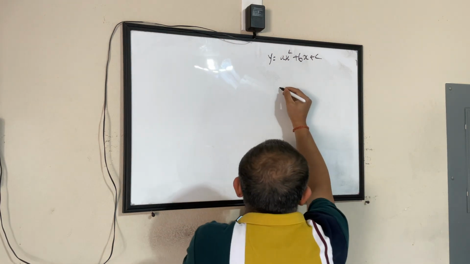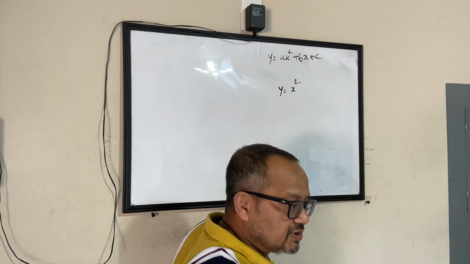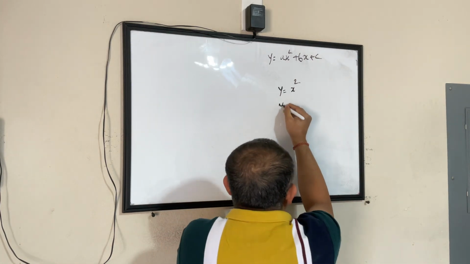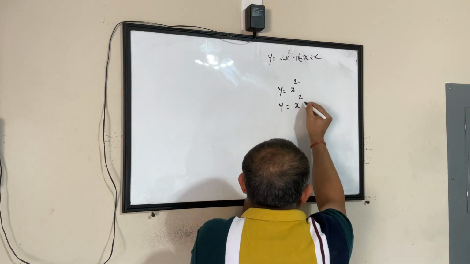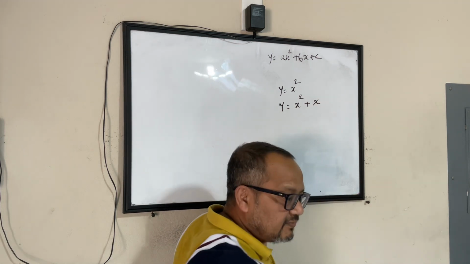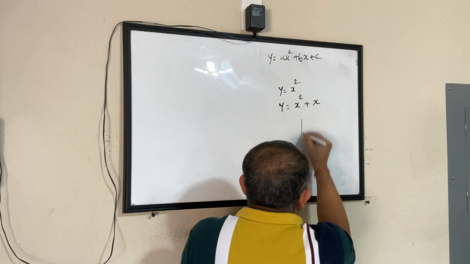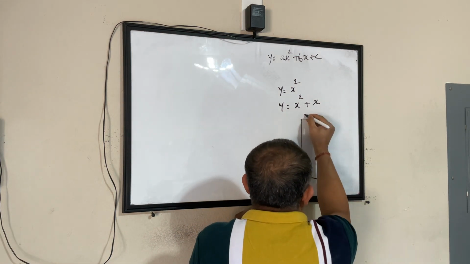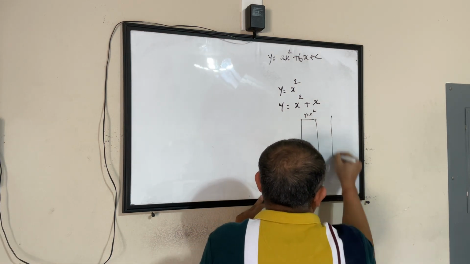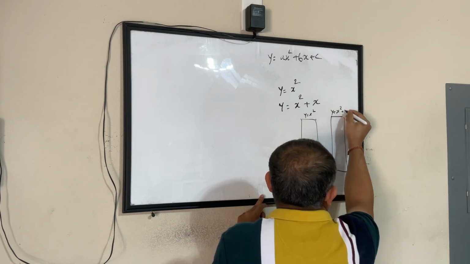So, let's look at two equations. y equal to x squared. This is one equation, okay? And then I will say y equal to x squared plus, let's say, x for now. And see what happens here. This is my first table, y equal to x squared. This is my second table, y equal to x squared plus x.